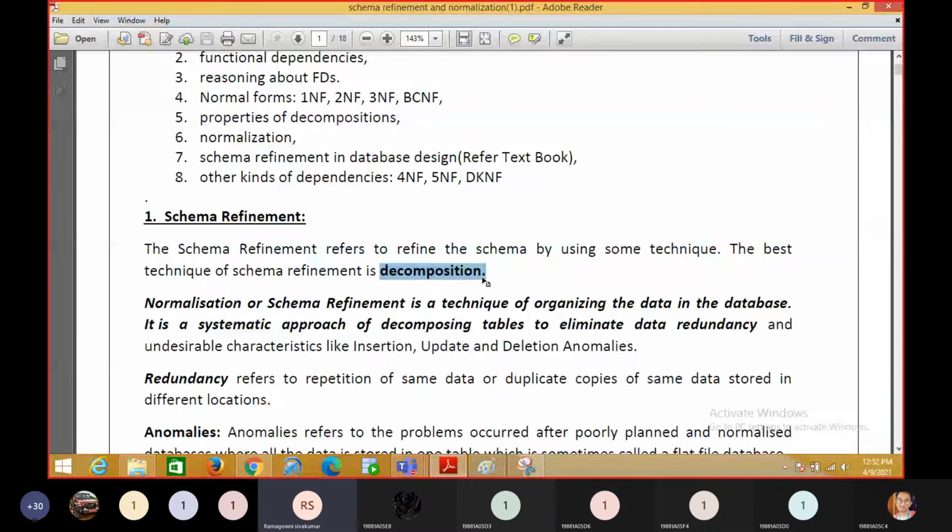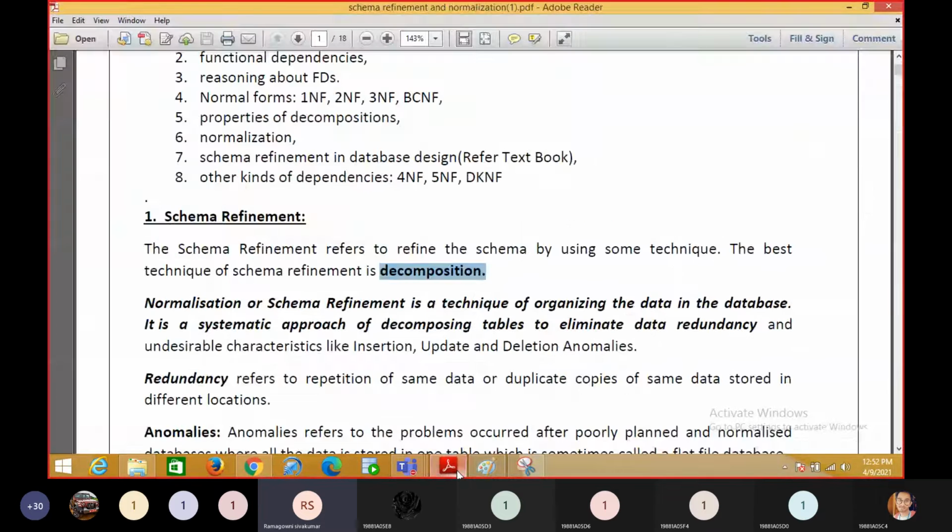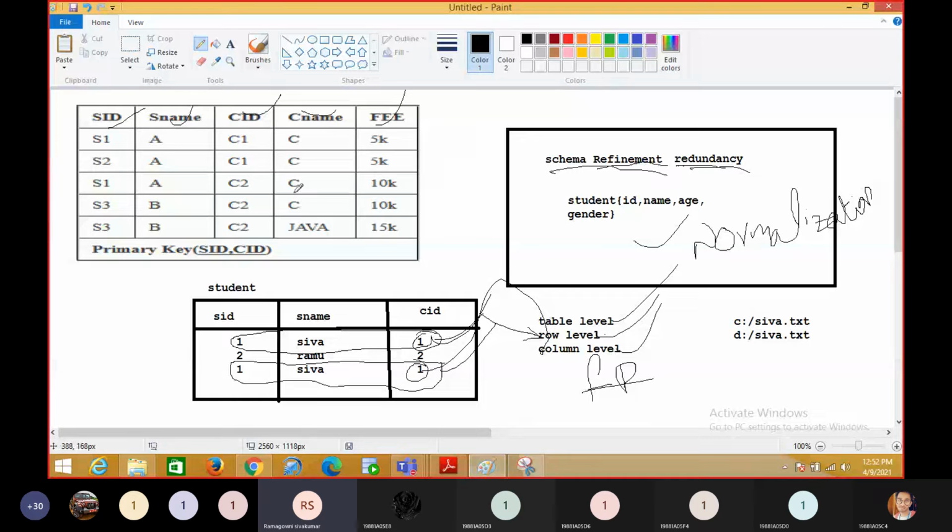Decompose it means what? We have one table with all the data available in it. See here, we have one student table having student data, course data, every data in the student table only. So there we need to decompose it.